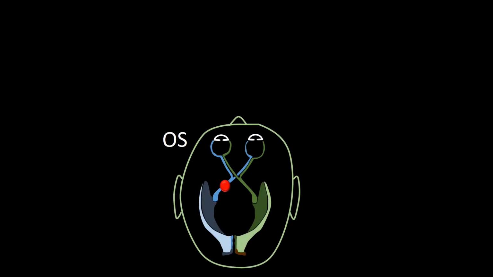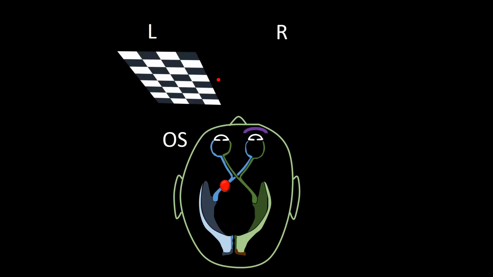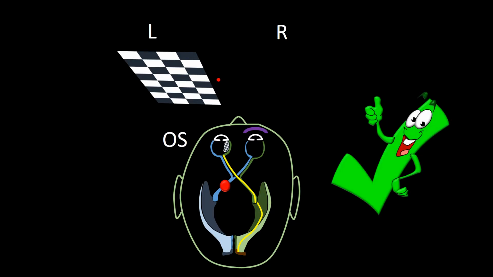This frame depicts a representation of a visual field pathway with a left optic tract lesion. Now, the left eye is being stimulated by a left half field stimulus. This is captured by the nasal retina and transmitted to the right visual cortex. This is normal.